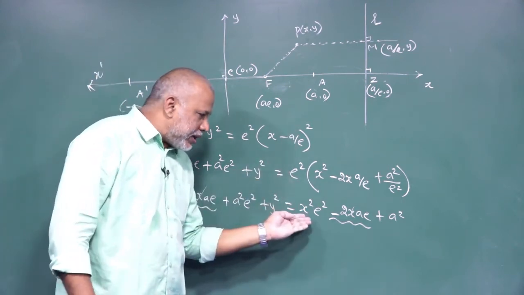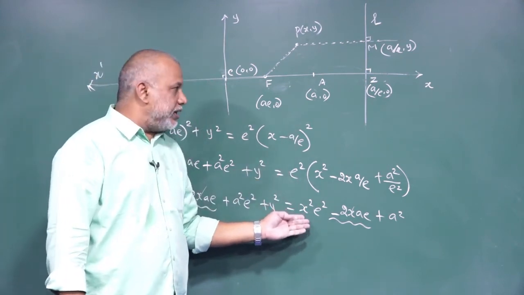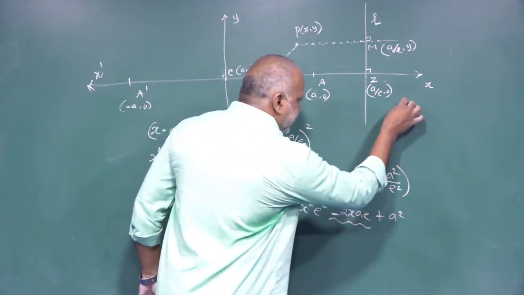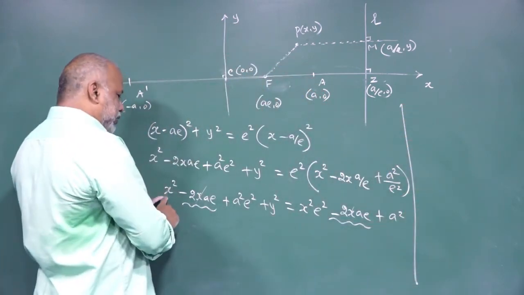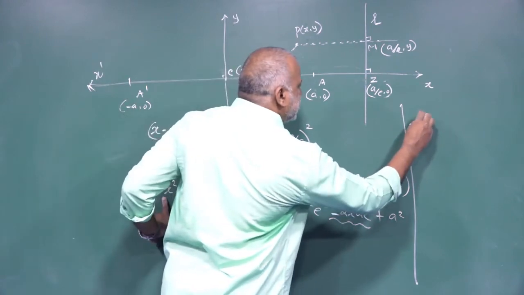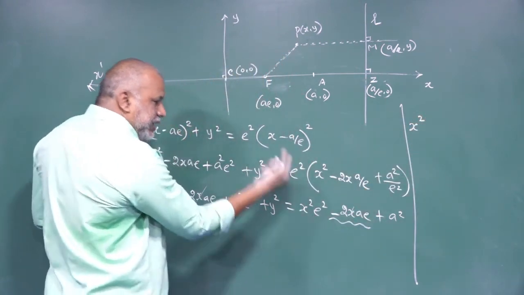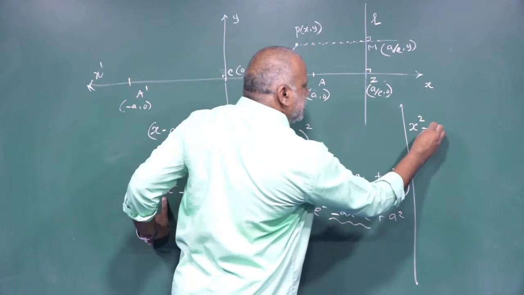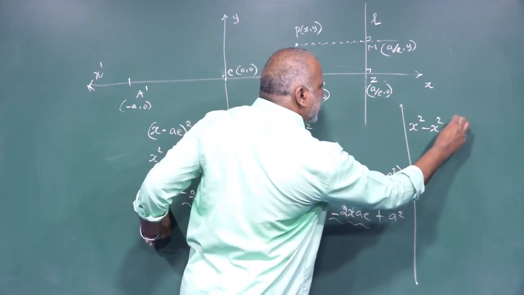In your RHS side you are having one more x squared e squared. Therefore I can convert here. See this one, x squared, keep in your LHS side. This x squared e squared converted to the same side, it will become negative x squared e squared.